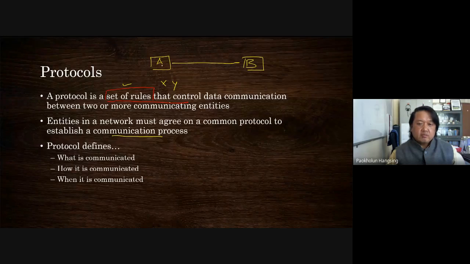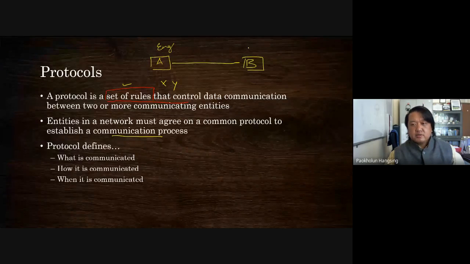So if A is speaking, for example, English only, and B is speaking, for example, Hindi only, and B cannot speak English and A cannot speak Hindi, then there will be no communication between the two. The two can never communicate.